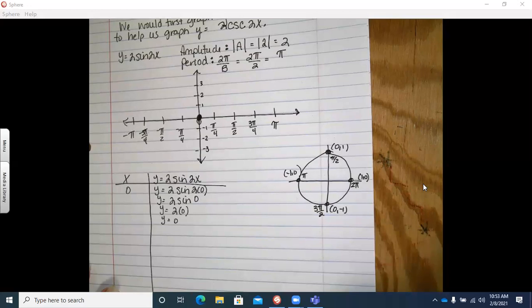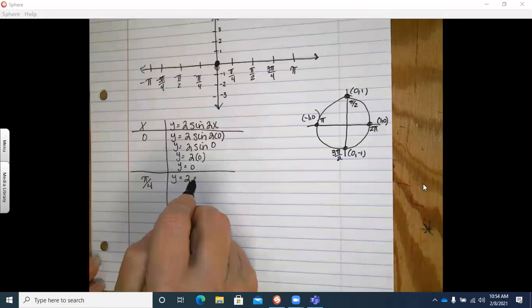Let's find when x is pi fourths. So we have y equals 2 times the sine of 2 times pi fourths. And what is 2 times pi fourths?